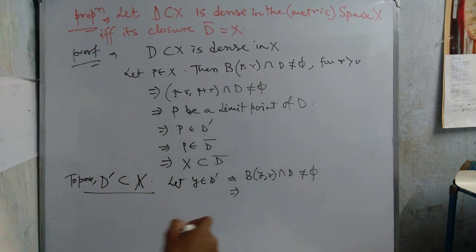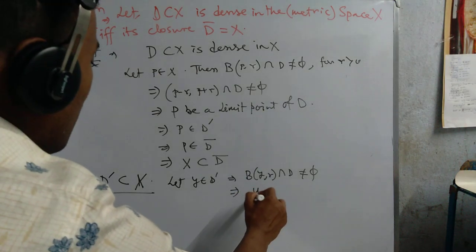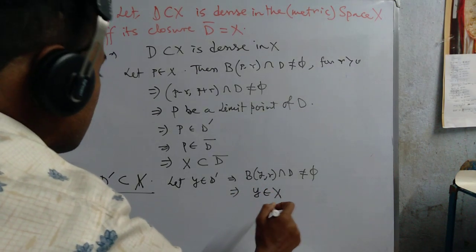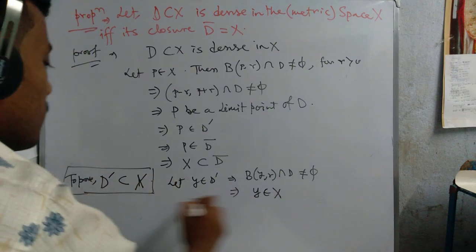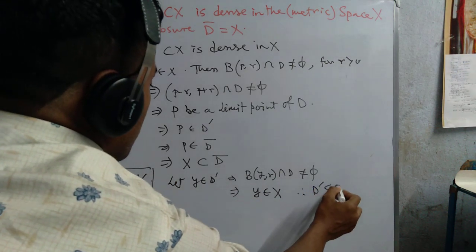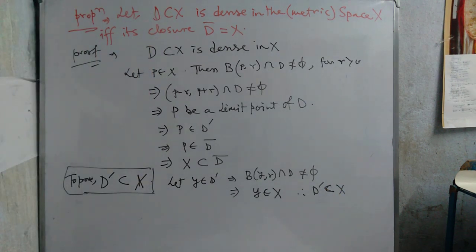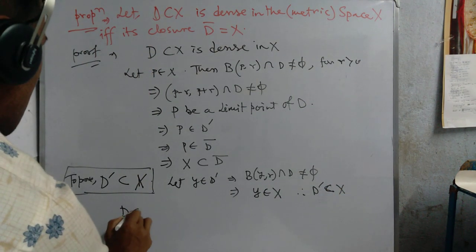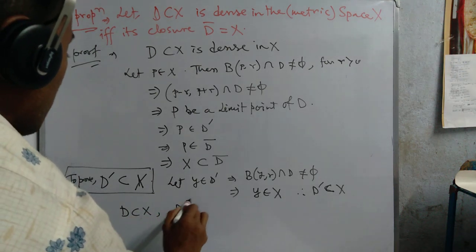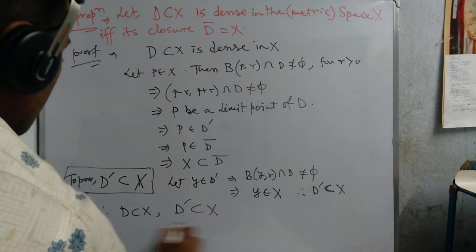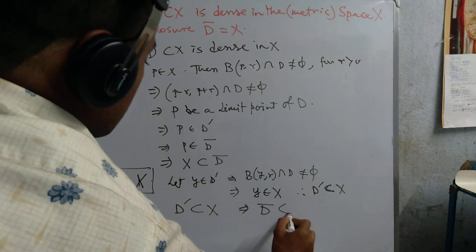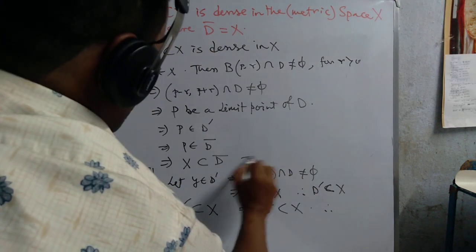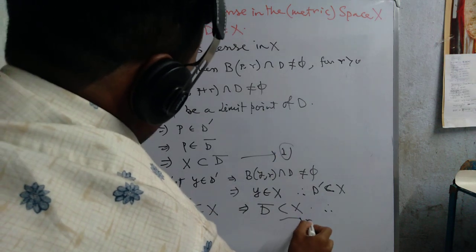This implies, since D is dense in X, that y belongs to X. So this one is proved: D dash is a subset of X. Immediately we know that D is a subset of X, and here we get D dash subset of X. This implies D closure is a subset of X. We mark this one as 2.